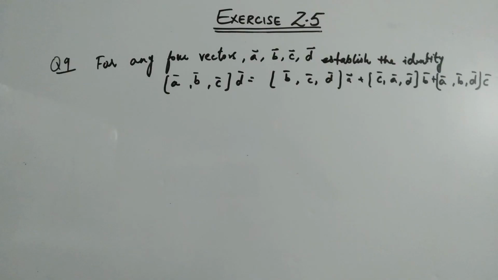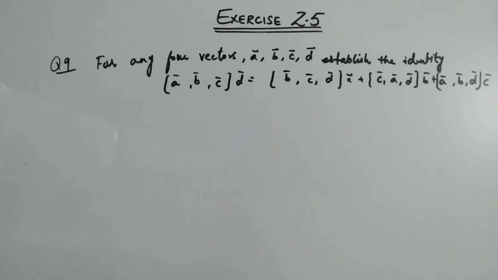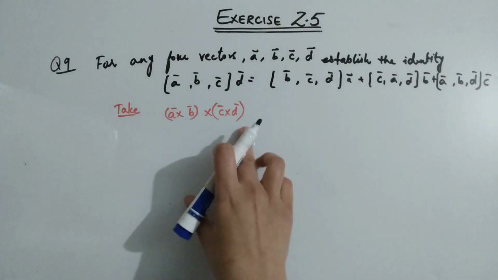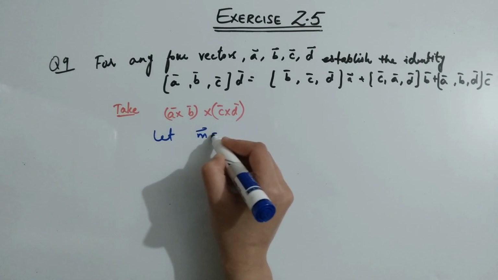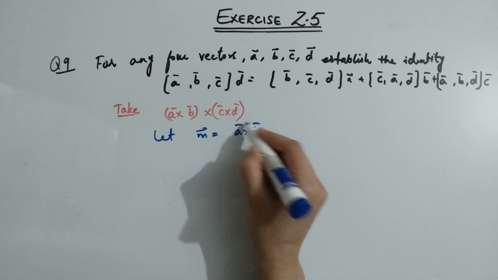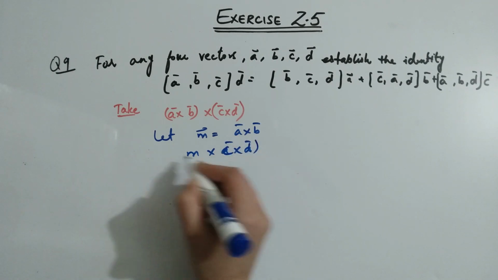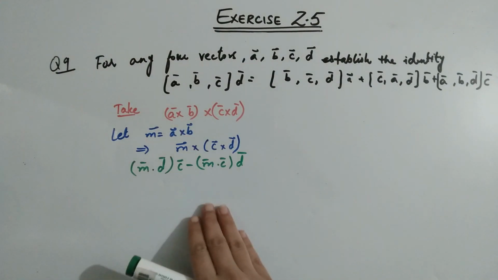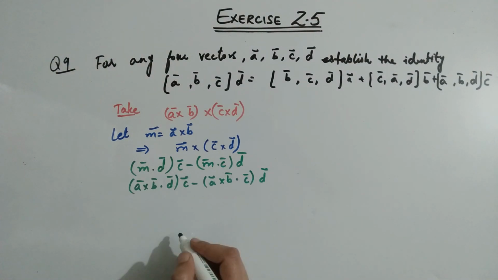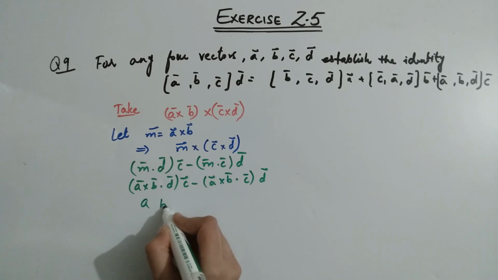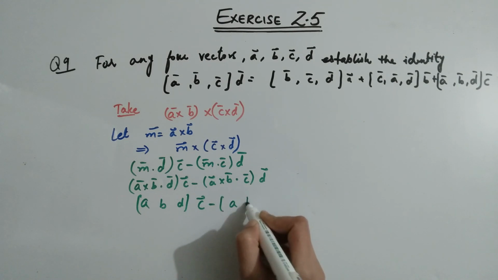Now learners, this is question number 9, kind of different from the other questions. इसको सॉल्व करने के लिए हम क्या करते हैं कि ये एक एक्सप्रेशन ले लेते हैं और इसको जैसे हम वेक्टर ट्रिपल प्रोडक्ट की प्रॉपर्टी से सॉल्व करते हैं वैसे ले लेते हैं और m इक्वल टू A क्रॉस B हो जाएगा, तो ये आ जाएगा m क्रॉस C क्रॉस D. इसको एक्सपेंड करेंगे वेक्टर ट्रिपल प्रोडक्ट के फॉर्मूला से. आफ्टर एक्सपेंडिंग इसमें हम m की वैल्यू को दोबारा पुट कर लेते हैं, तो m की वैल्यू है A क्रॉस B. After putting the value you can write it like ABD with C vector minus ABC with D vector.